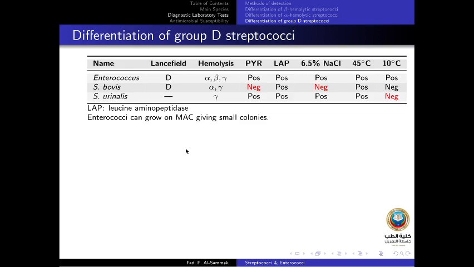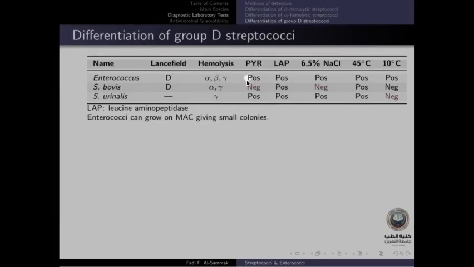As you can see from the table, we have Enterococcus to be differentiated from Streptococcus bovis, and the way to tell that is by doing the PYR test, and it is clearly positive in Enterococcus but negative in S. bovis, and also the growth at 6.5% NaCl. Why is that?